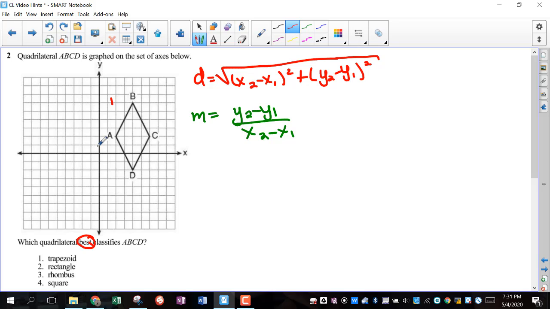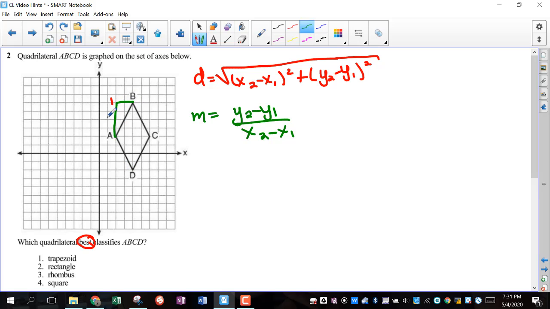You can do this in one of two ways. You can either plug the points into your formulas and go from there, or you could just simply count. So I like this because it's already graphed really nicely for us, so I like counting.